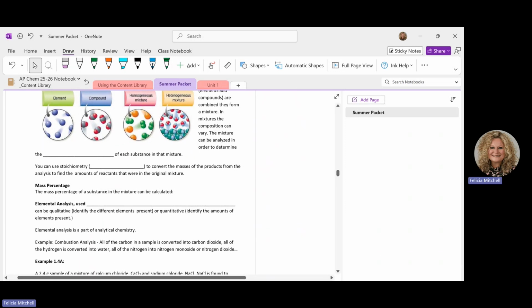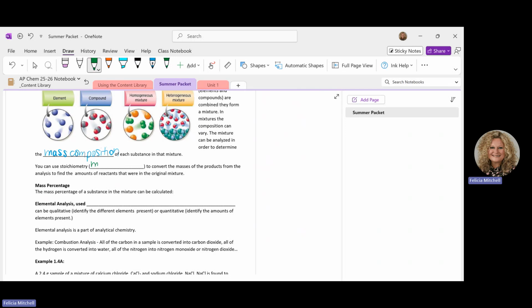Now, this section is all about trying to do what's called elemental analysis or mass percentage. So you can determine the mass composition of substances in a mixture. Well, of course you can. You just saw where we had masses given to us when we were doing empirical formula.